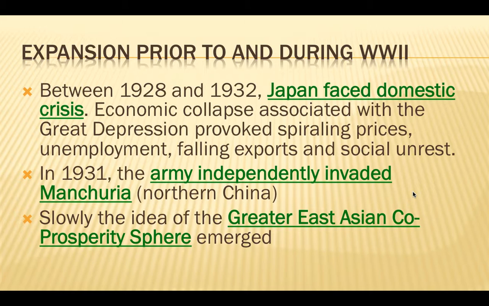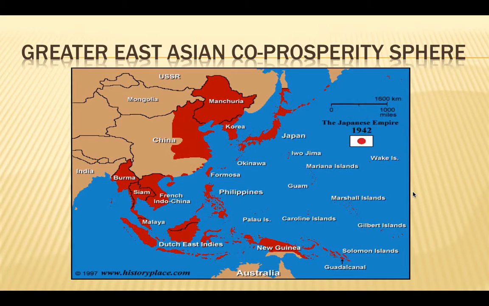But they also spread the idea of greater East Asian prosperity in the sphere, which is what we're seeing here. All of this red is referring to what Japan actually controls at the time. This is huge considering the country of Japan is here. So they're doing very, very well, becoming very strong.